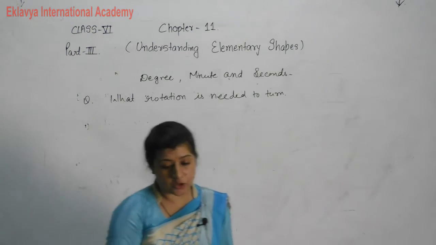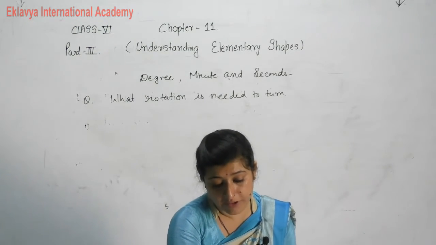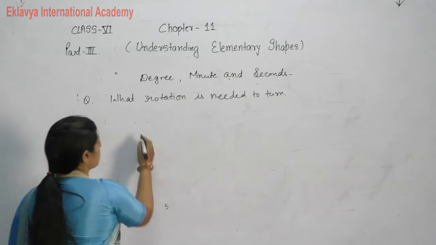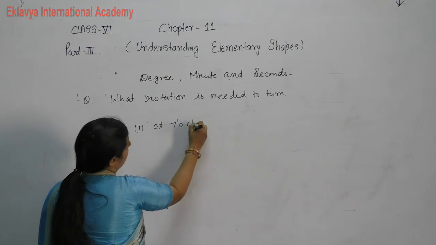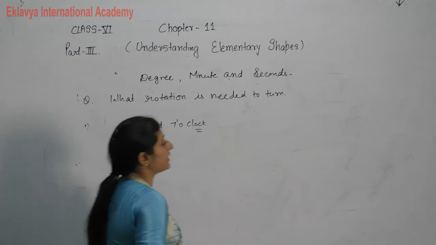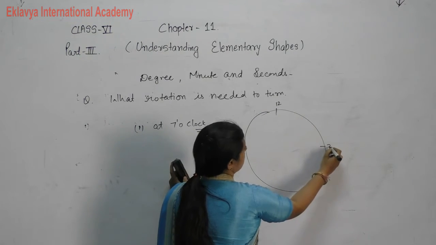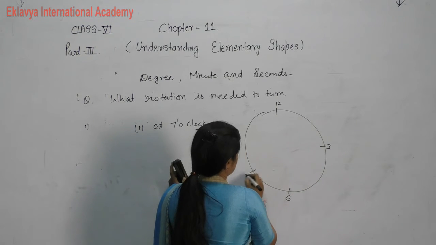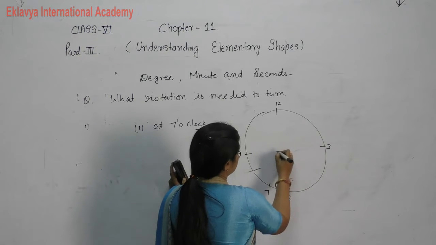Now see the next question. Find the angle between the hands of a clock at 7 o'clock. Your question is 7 o'clock, then what is the angle? 12, 3, 6, 9, then maybe 7 here.